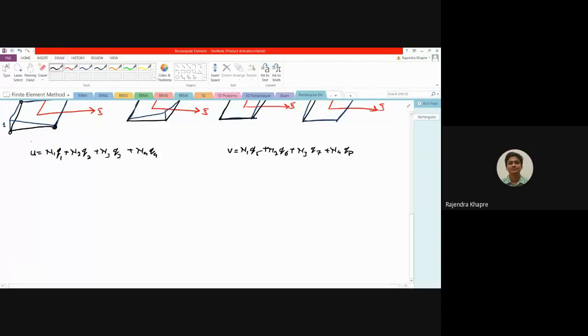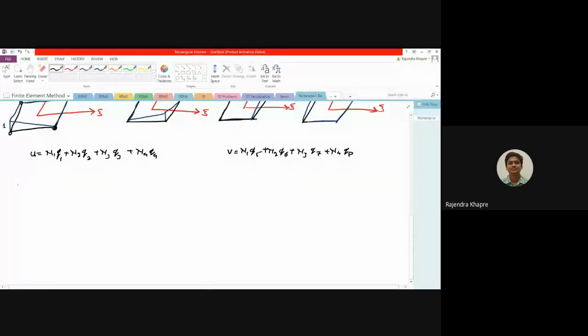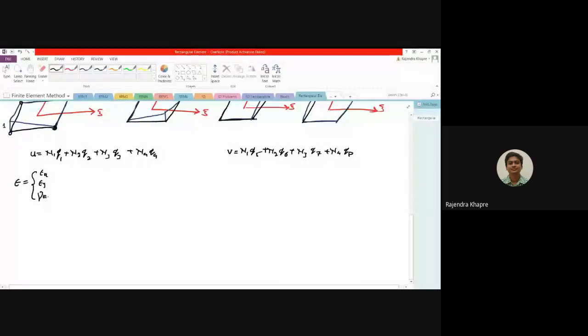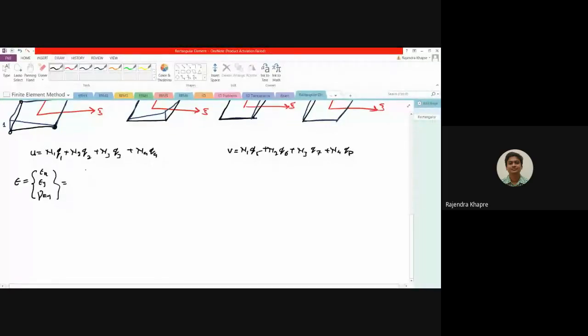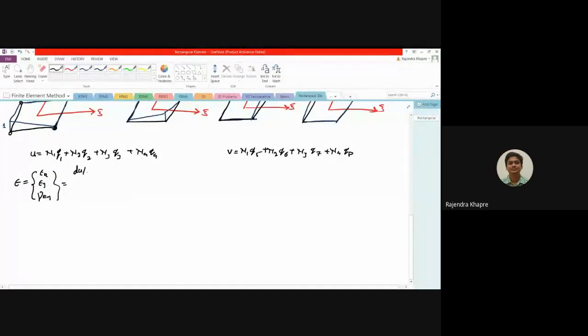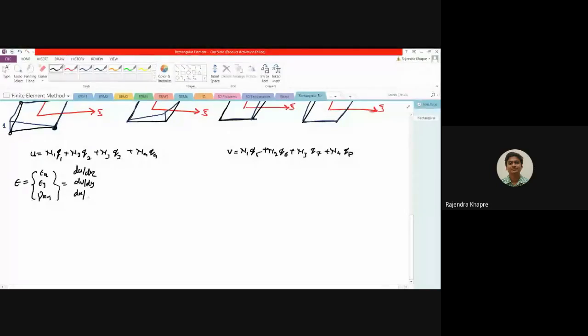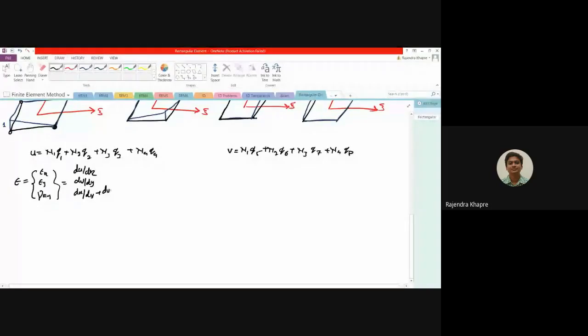And ultimately what we are interested in is epsilon. Okay, so epsilon is nothing but strain, and it has three components: epsilon x, epsilon y, and gamma xy. If you rewrite this, it will be something like du by dx, dv by dy, du by dy plus dv by dx. बराबर है?